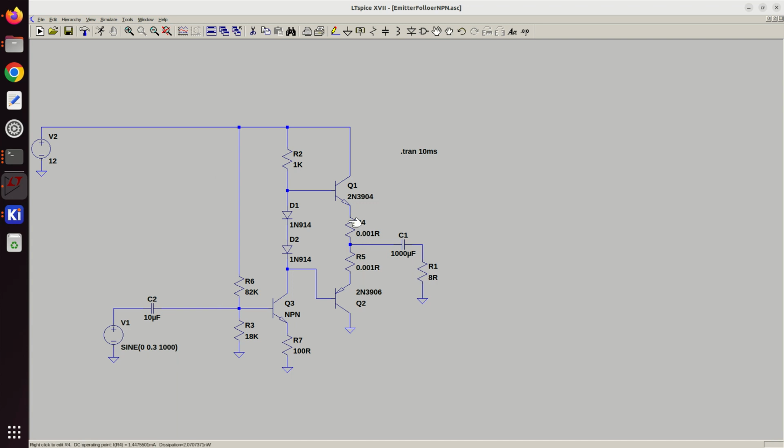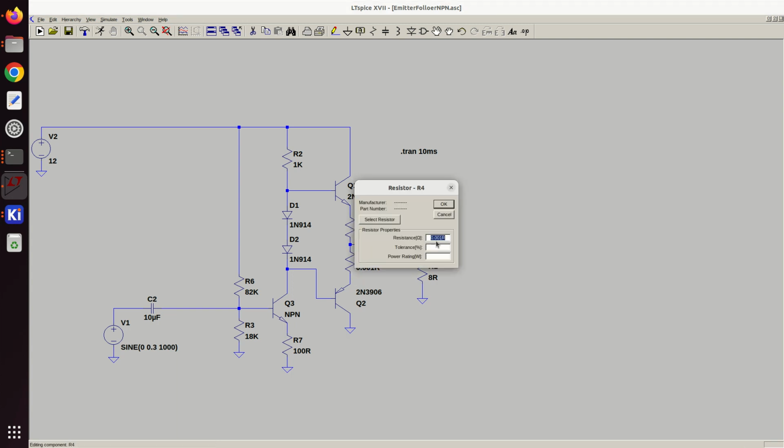So actually, in reality, we need some proper resistance here, so I'm going to put this in at 4.7 ohms and 4.7 ohms.